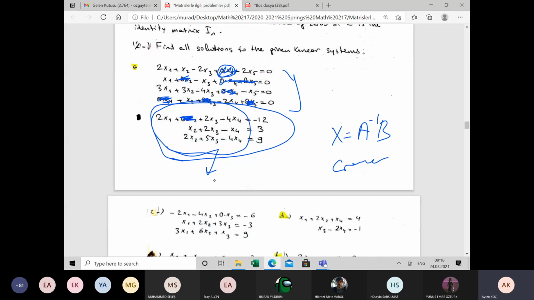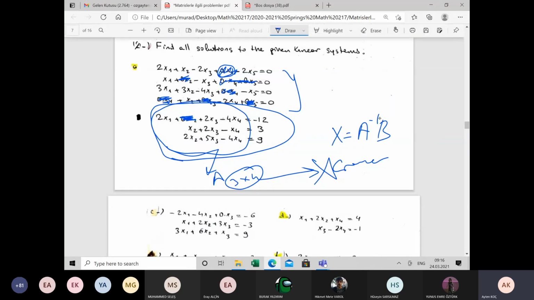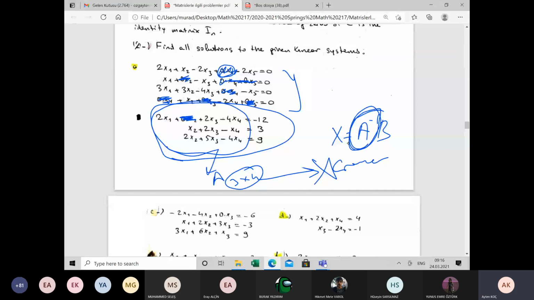The dimension of the coefficient matrix is 3 by 4. For Cramer's rule, our matrix should be square, and also to use the inverse matrix it must be square, but this one is not. So these methods are not valid. You have to use Gauss-Jordan or Gauss elimination.